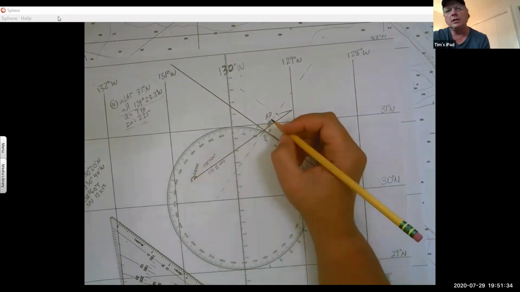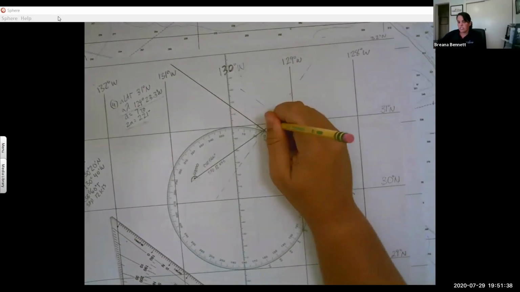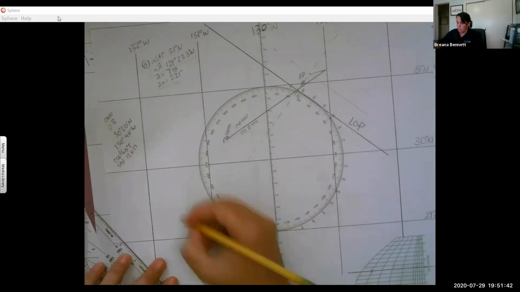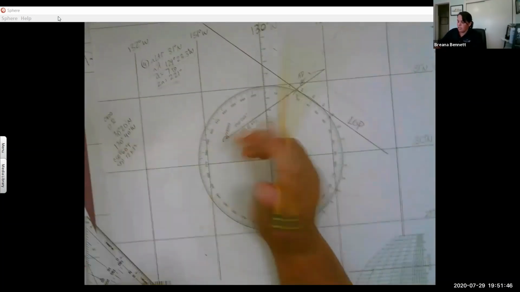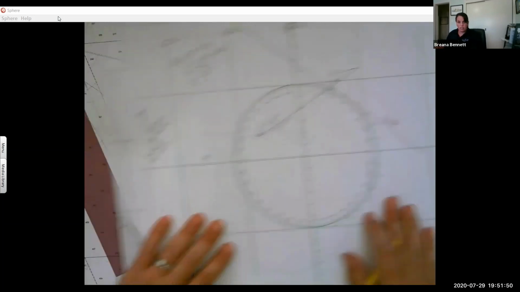The 2, 2, 1. So even if you're down here, if this is your assumed position, they're always on a line. Here's our assumed position, new one right there.